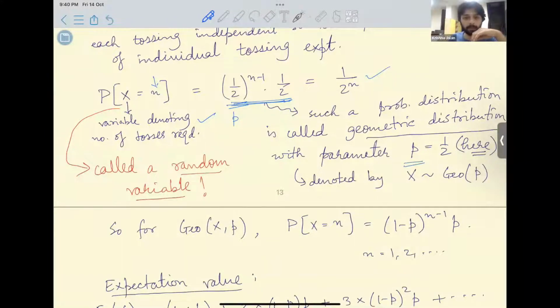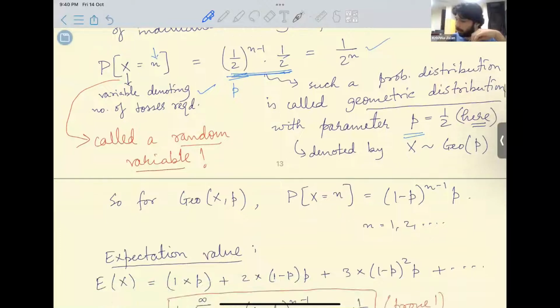In our case, it was half. And this is the standard notation: X is distributed as Geo(p). So this is an example of a geometric distribution. So X is equal to n: for the first n minus 1 experiments, I get an unfavorable outcome, and on the nth one, I get a favorable outcome.